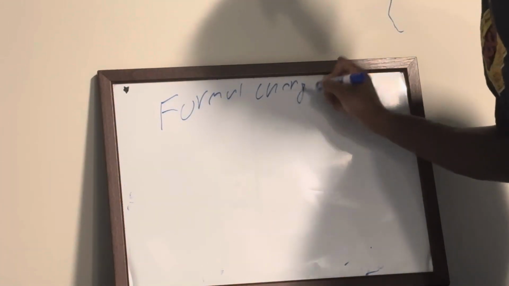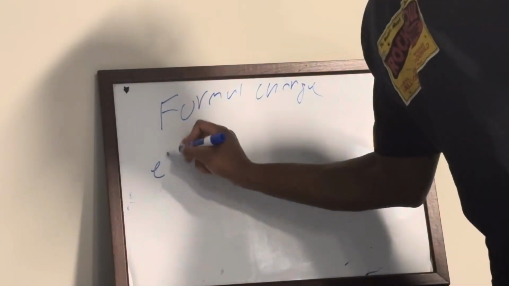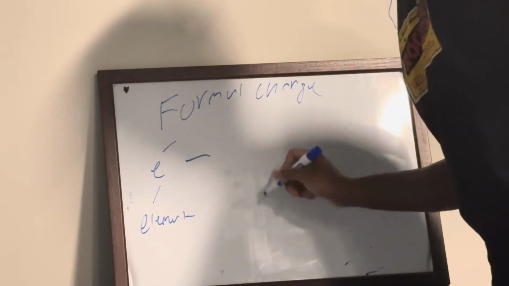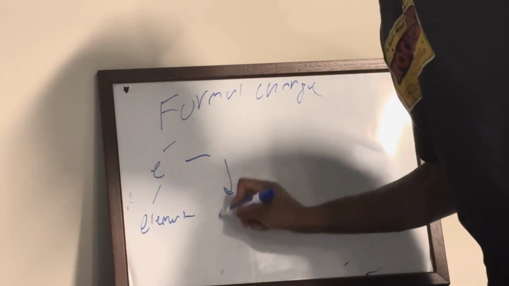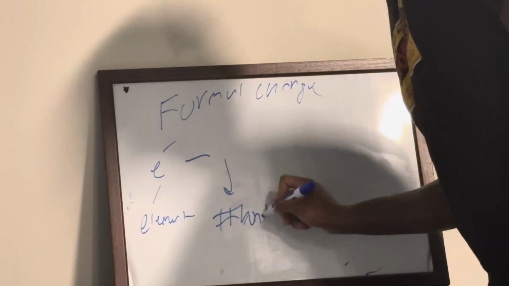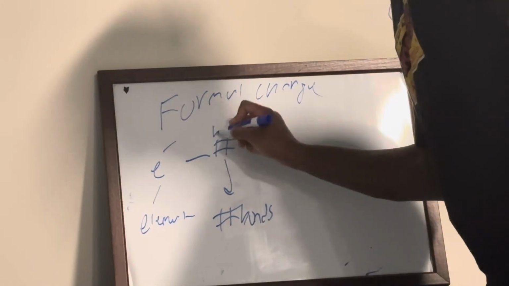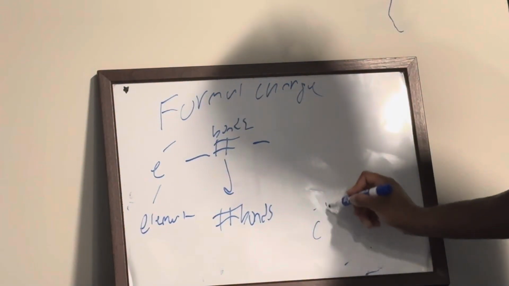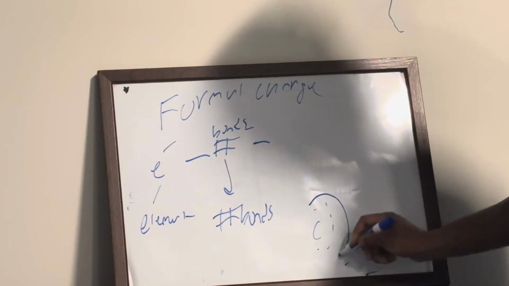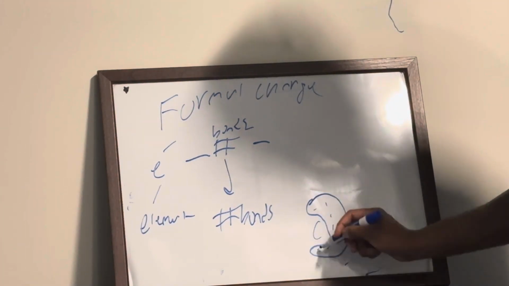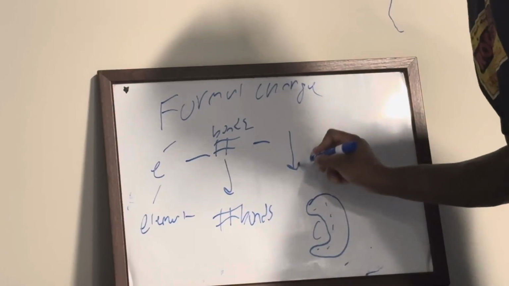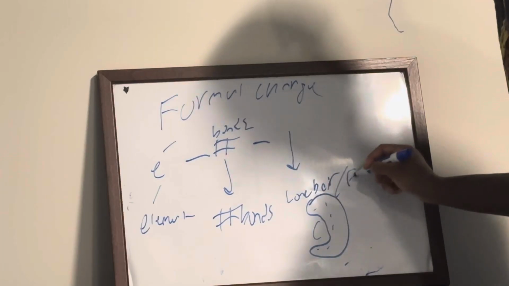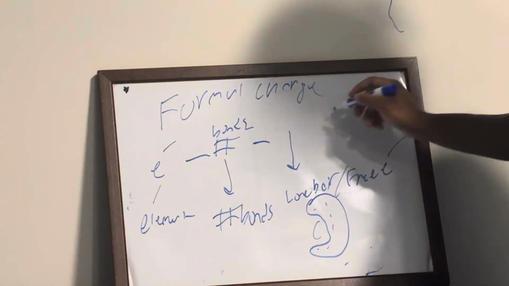Formal charge is the electrons of the element, minus the number of bonds, minus these little dots, the lone pairs or free electrons.